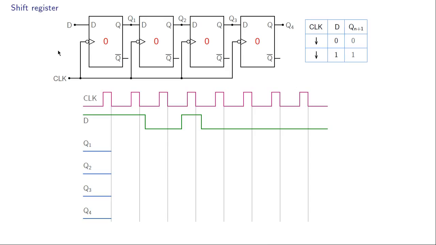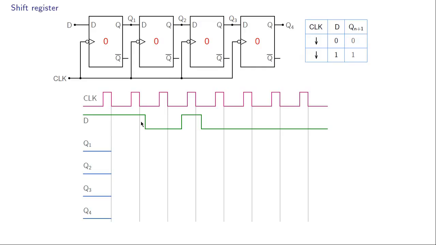Let us now look at a shift register, which can be made up with D flip-flops. In this example, we have 4 of them. The output of the first flip-flop is called Q1, the second Q2, then Q3, and then Q4. The clock is common to all of them, and that is shown over here.